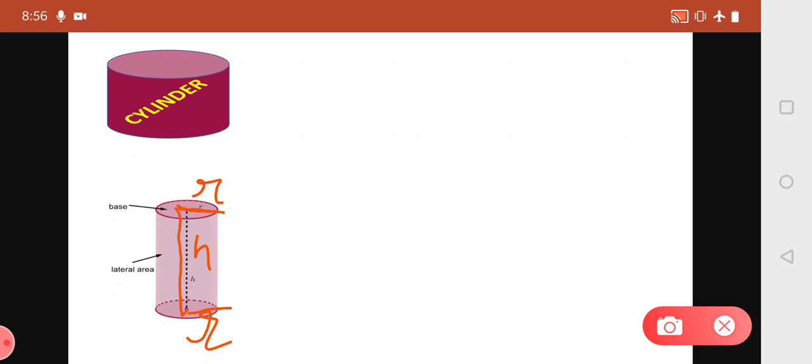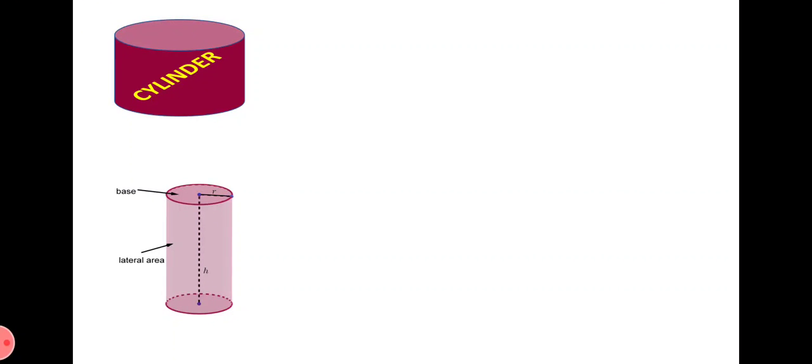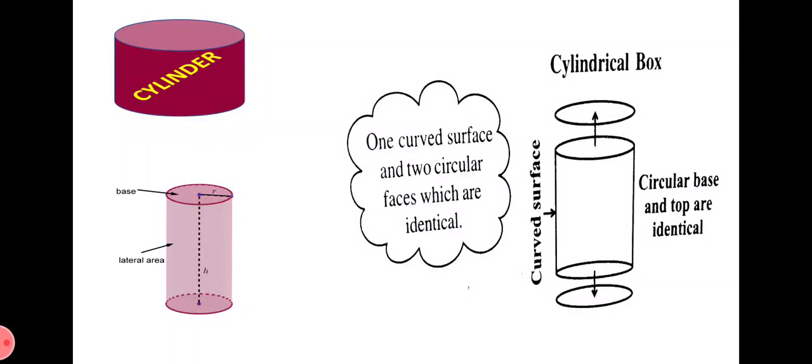The folded part is called the lateral area, and the up and down circular parts are called the top and base of the cylinder.